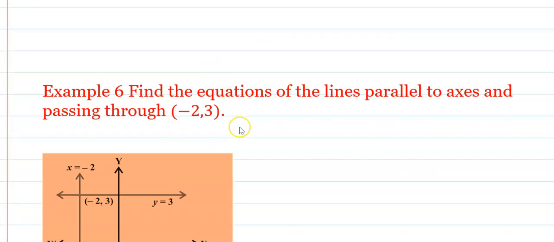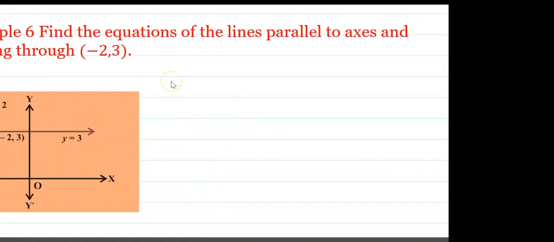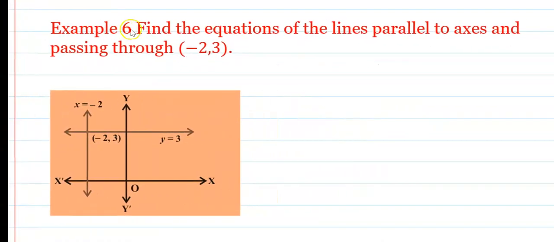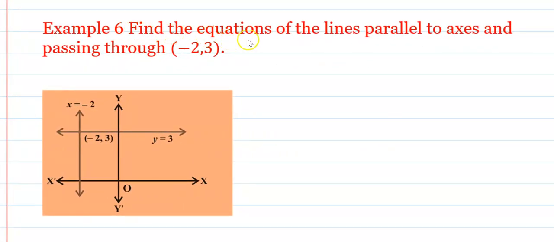Now the next step. The example: find the equations of the lines parallel to the x-axis and the y-axis passing through the point (-2, 3). Now first we find the equation of the line which is parallel to the x-axis.